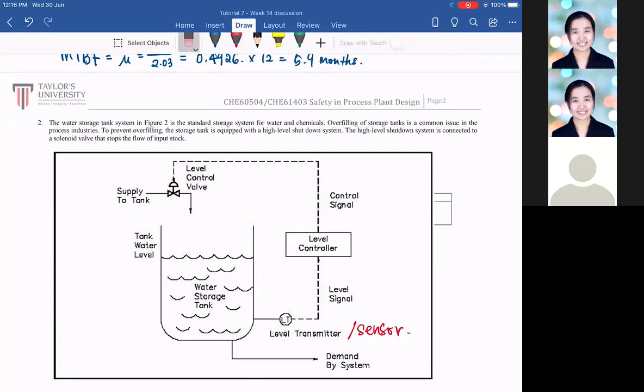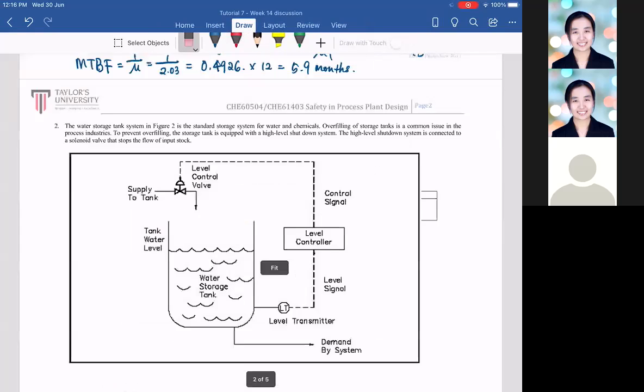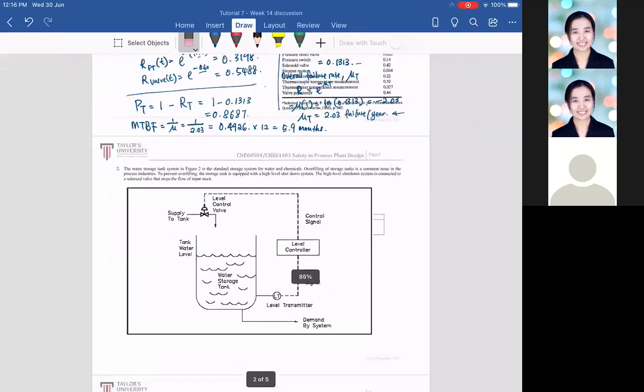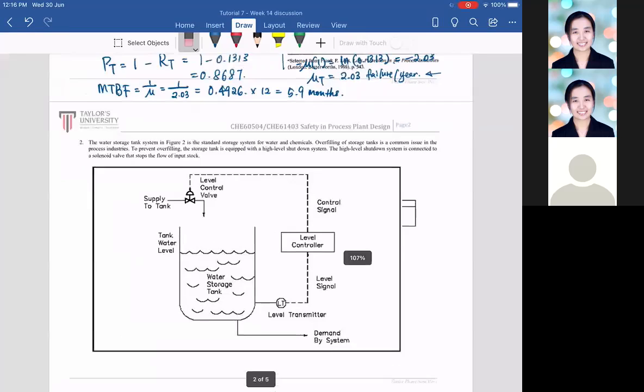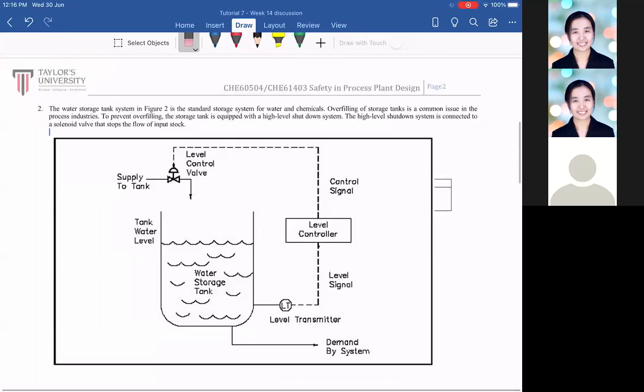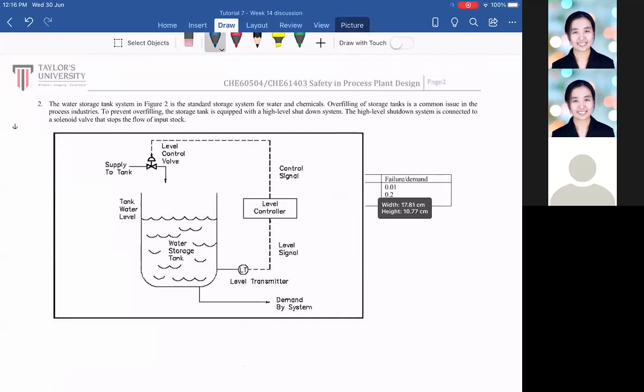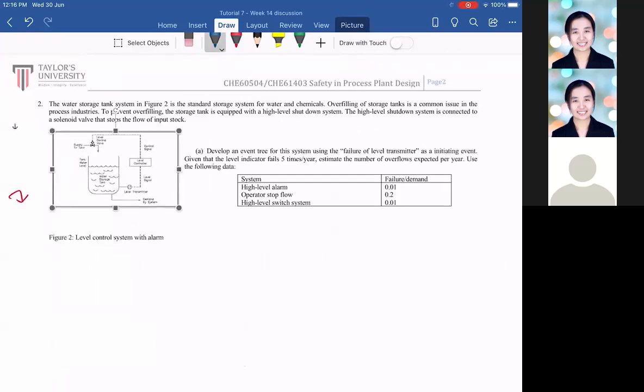So now we want to calculate what happens if this fails. Oops, I need to make it small. Hold on, my iPad hung.